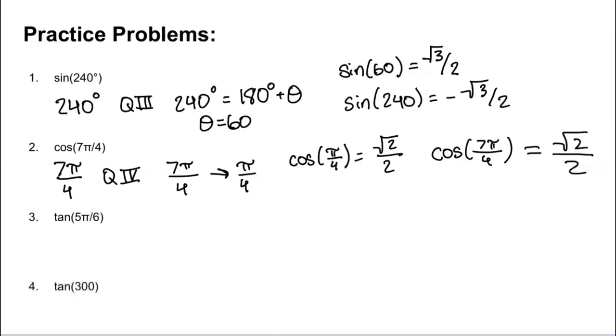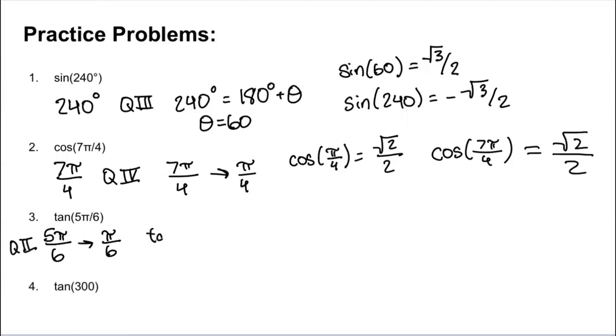So I have 2 tangent examples, because tangent can get a bit more tricky. So let's take tangent of 5 pi over 6. So first, let's just look at this 5 pi over 6. This is going to correspond to our pi over 6. And 5 pi over 6 is in our quadrant 2, which means tangent is going to be negative.